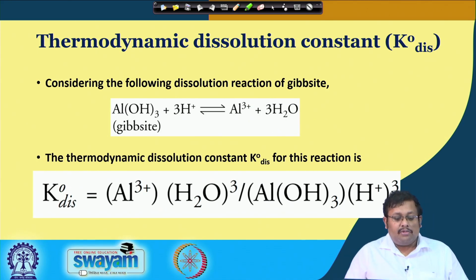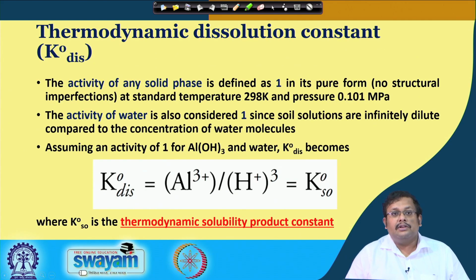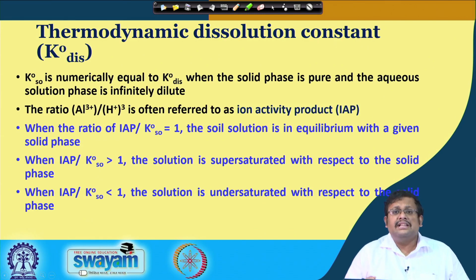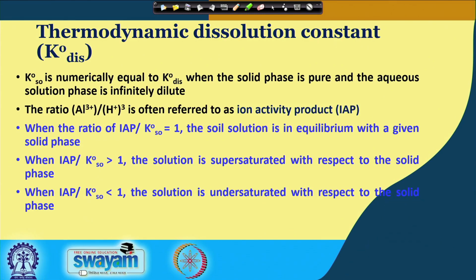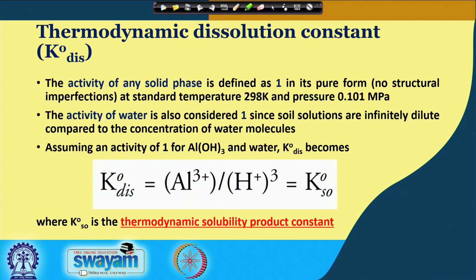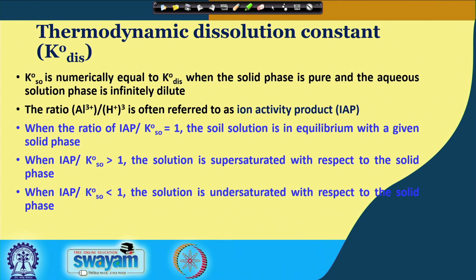Based on this thermodynamic dissolution constant, we can calculate the thermodynamic solubility product constant. We also discussed the relation between the ion activity product and the solubility product constant, how it changes, and how it governs the solubility or precipitation of different mineral phases.